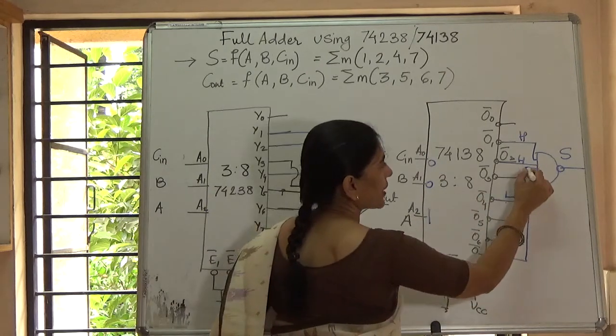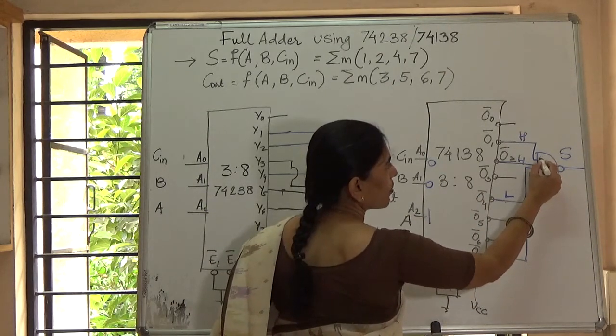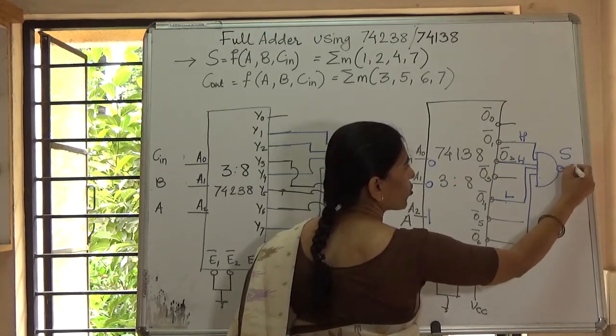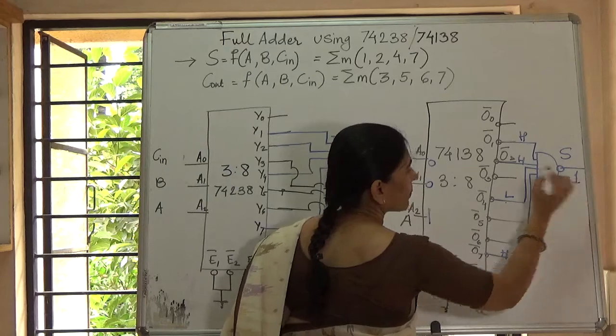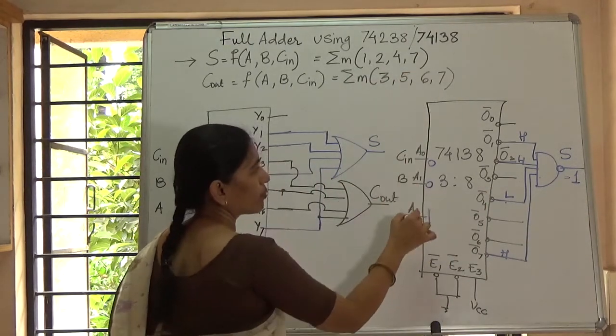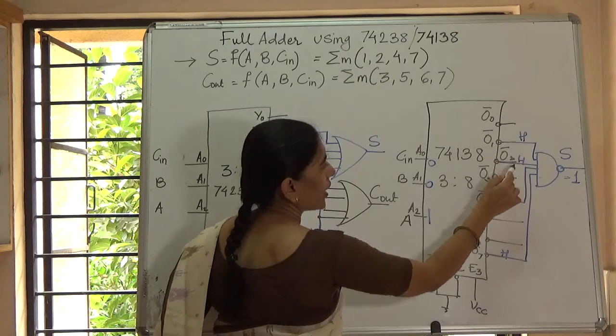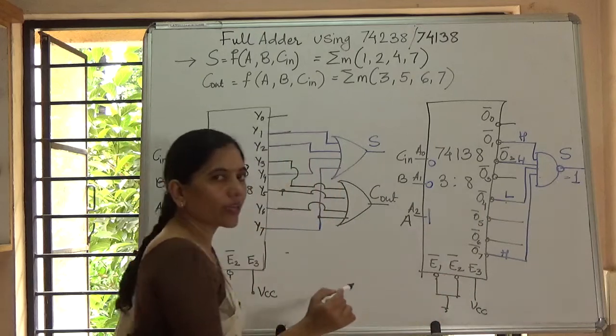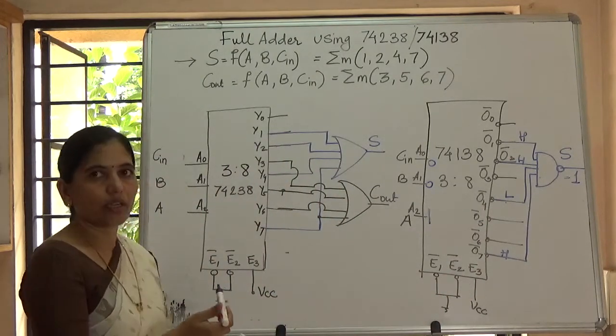And because this becomes low, here the inputs will be 1, 1, 0, 1, and the NAND gate will generate an output which is a 1. If any of these combinations does not come on the inputs, then all these output lines will be high. In that case, the sum output will be a 0, which is what we want.